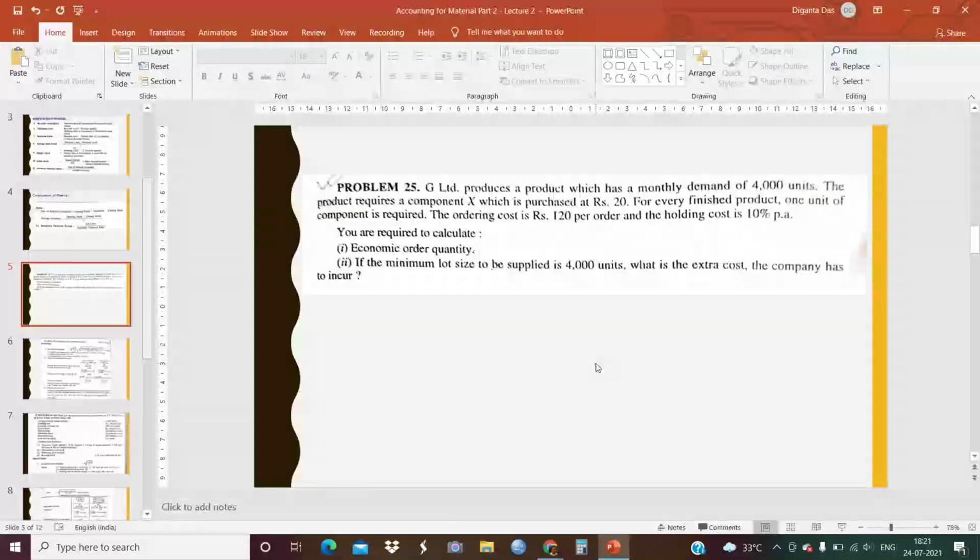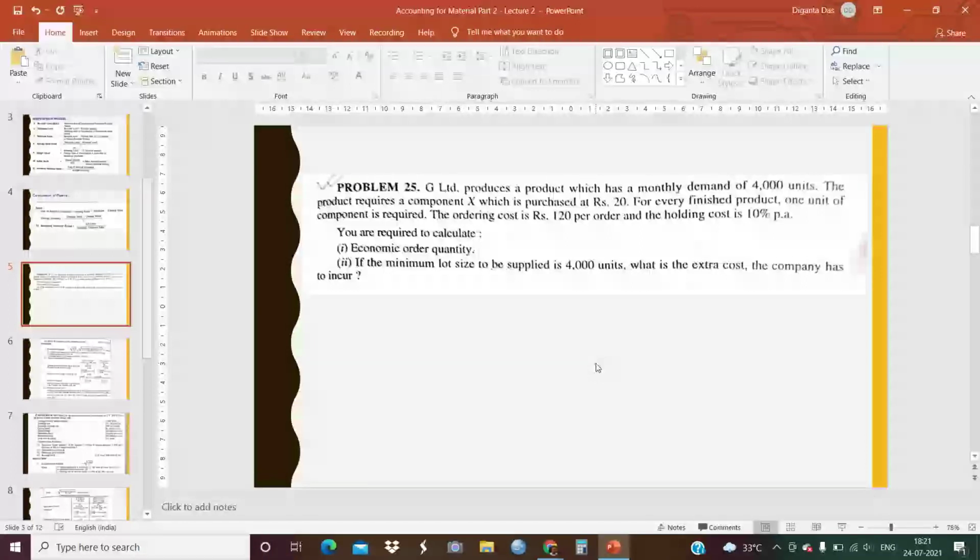At that quantity, what will be the carrying cost and ordering cost? These are added to the cost of material, and then we get the total cost. Similarly, at 4,000 units also, the cost of material plus ordering cost plus average carrying cost per unit per annum.